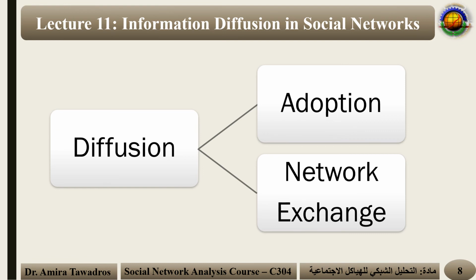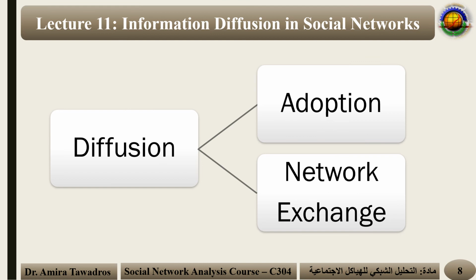So in the adoption path of diffusion research, the stress is on how these nodes or members interact, and in the terms of social network analysis, how these nodes are connected, how two or three nodes are connected, and how one node or actor adopts the idea of another actor.